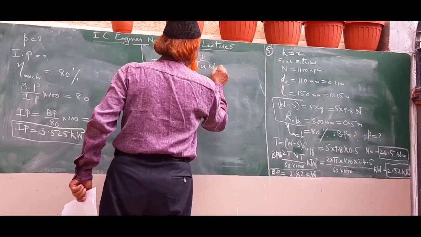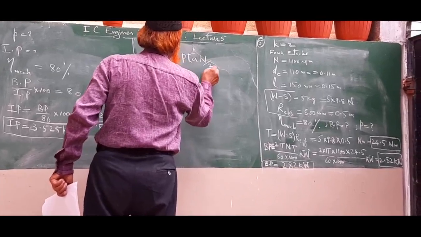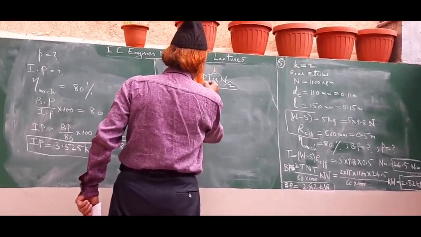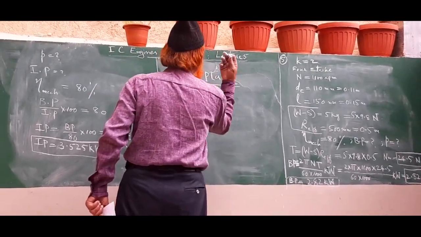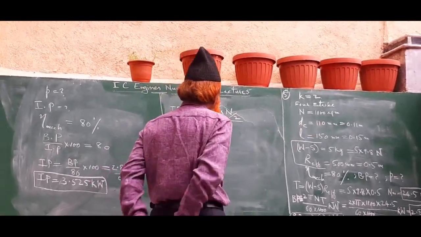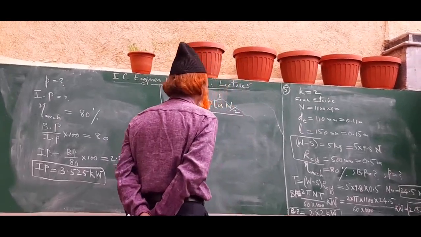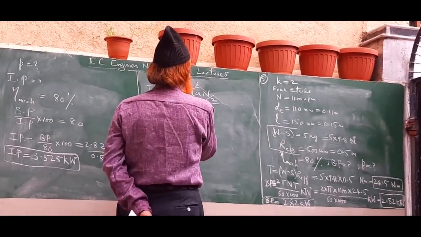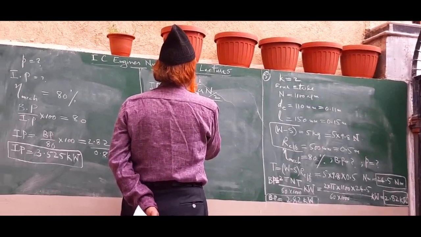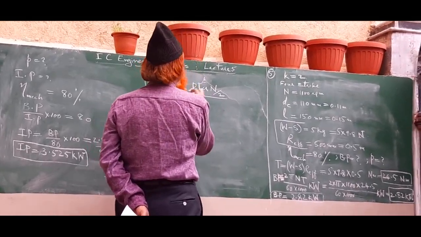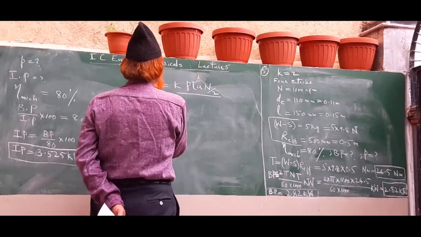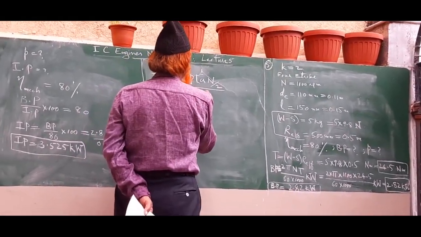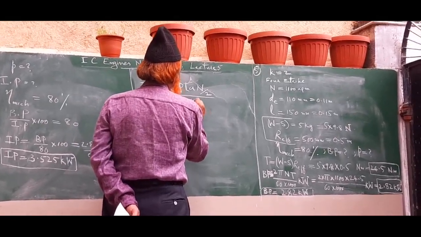If pressure is in Pascal, we can get it directly. Because IP is in kilowatt, we get kilopascal. If it is in watts, then we get Pascal, otherwise divide by 1000. Okay. Pascals we are getting.